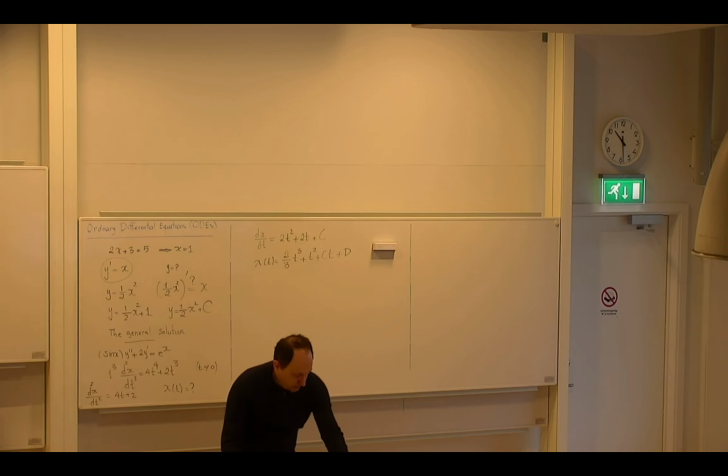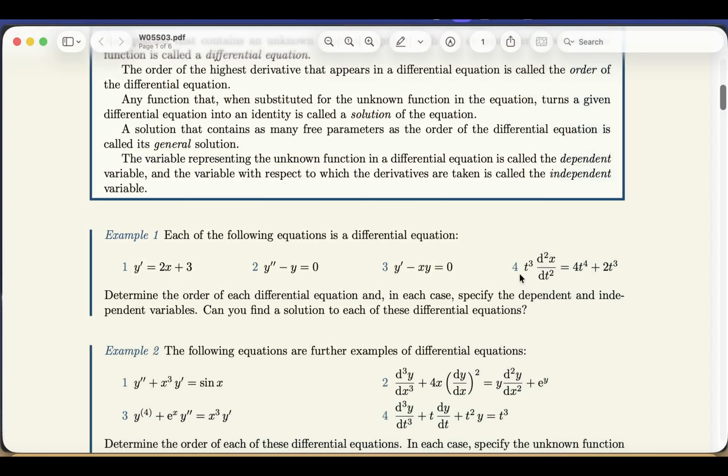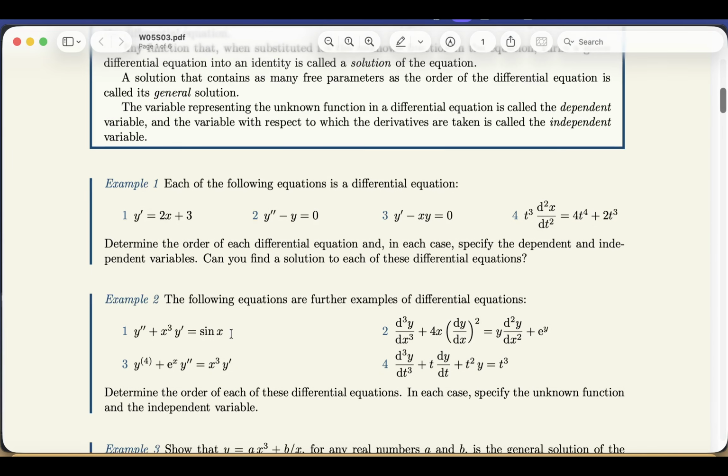So I think we can more or less skip ahead, so let us see that. For example, example 2, I have written some random differential equations for you here. For example, the first one is a differential equation. What is the order? Can you tell me? Do you have it in front of you or not?